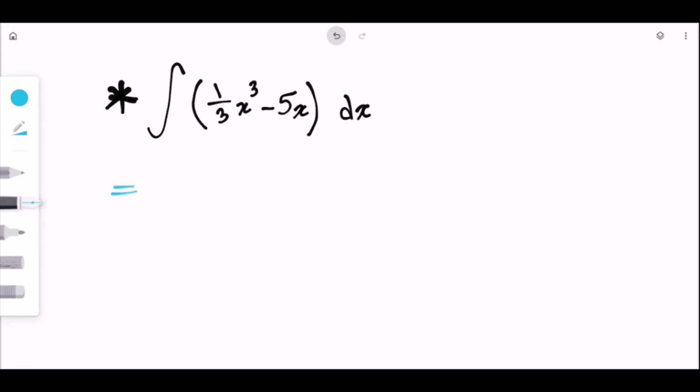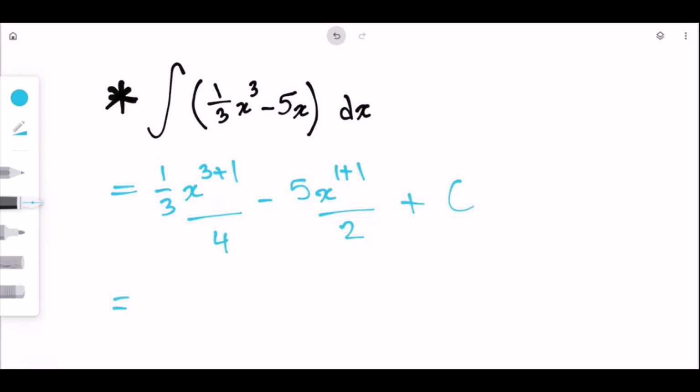So we start with 1 over 3 x to the power of 3 plus 1 over 4 minus 5x to the power of 1 plus 1 over 2 plus c, which equals 1 over 12x to the power of 4 minus 5 over 2x to the power of 2 plus c. And that's the final answer.